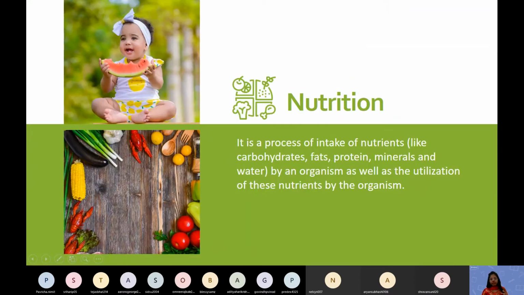Now, what is nutrition? It is a process of intake of nutrients, like we are taking all kinds of nutrients, and their utilization. So the process of intake of nutrients and their utilization is called nutrition.